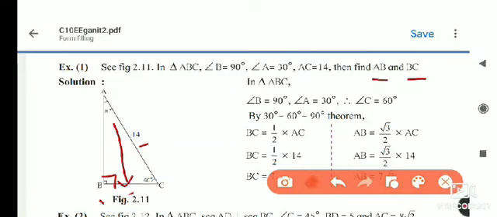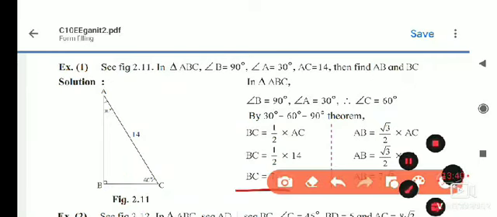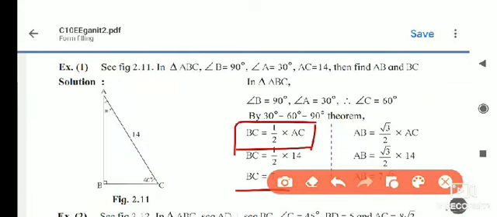So in this triangle, AC is the hypotenuse, its measure is 14, so BC is equal to 7. So here we have to use this property of 30-60-90 triangles. BC is equal to 1/2 AC.